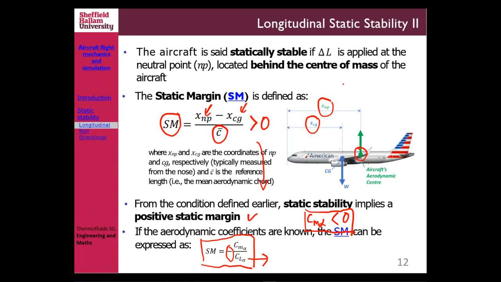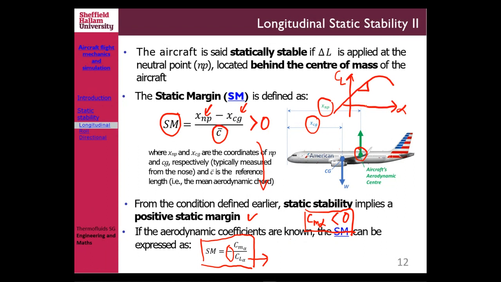Because if I could draw it here, the CL alpha curve, if this is CL and this is alpha, then your CL alpha curve is always like that, right? So your CL alpha is the change of CL due to the change of alpha. The slope is always positive. If you design a conventional aircraft, that is what your CL alpha curve should look like.